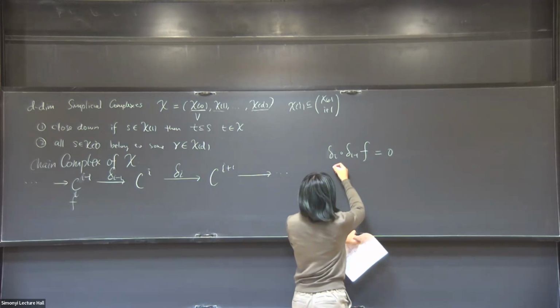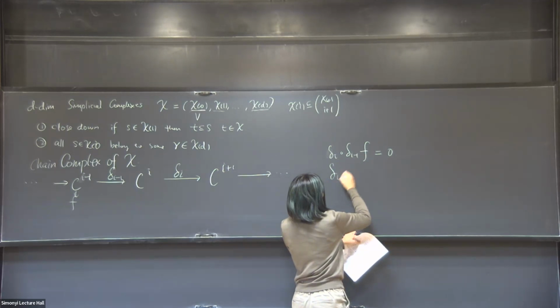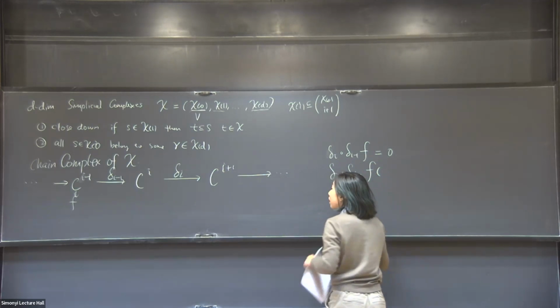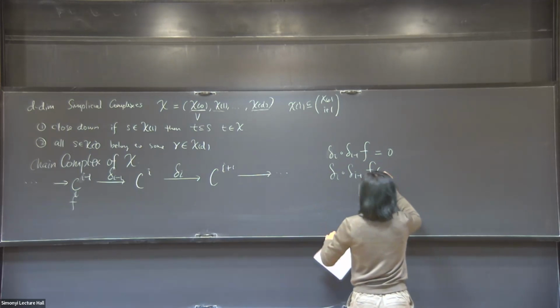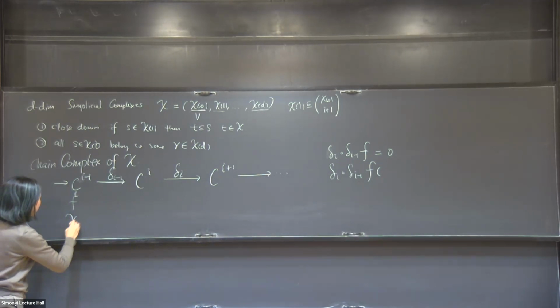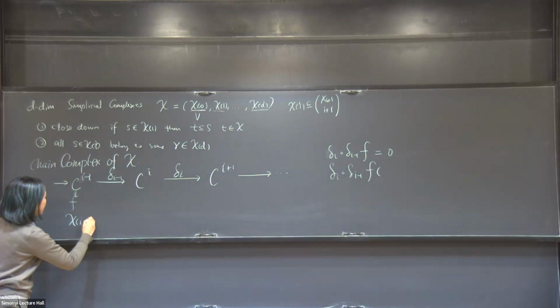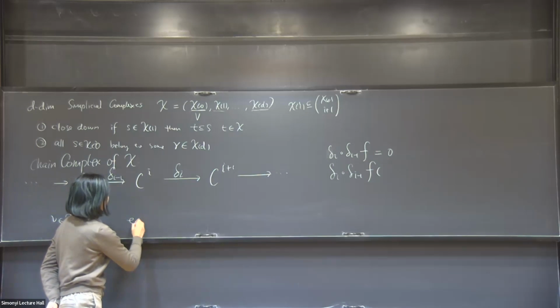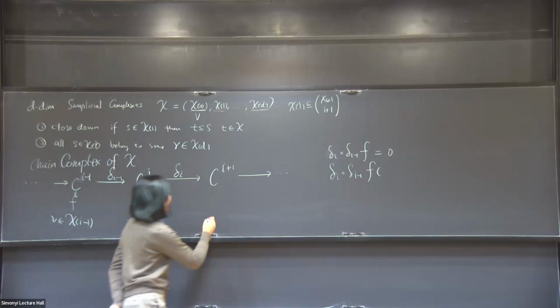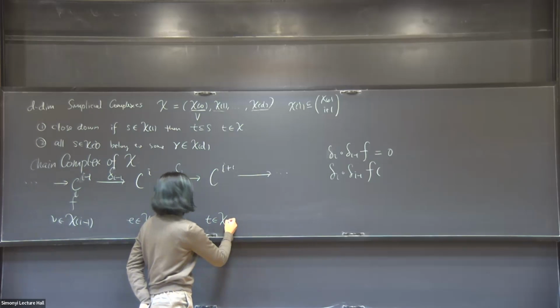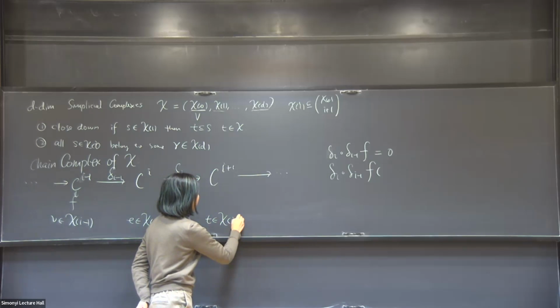I should quickly write why that's the case, but it's a very simple calculation. For ease of notation, I will denote elements in I minus 1 by v, elements in I by e, and the I plus 1 faces by t. So it's like a vertex, edge, and triangle.